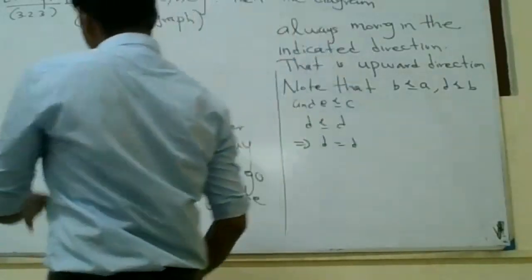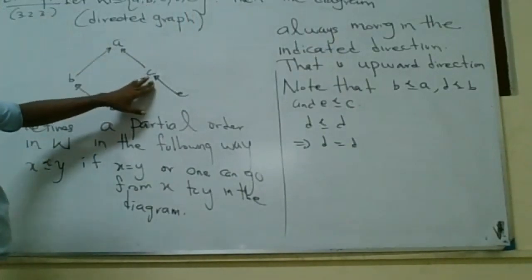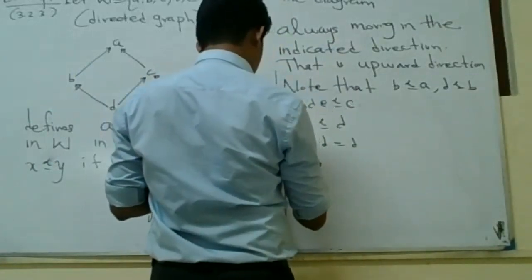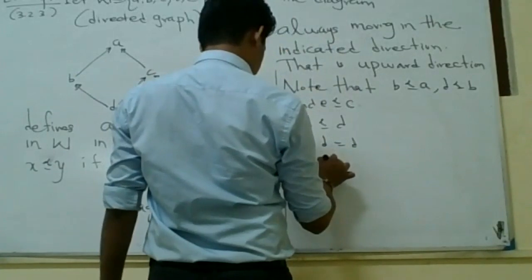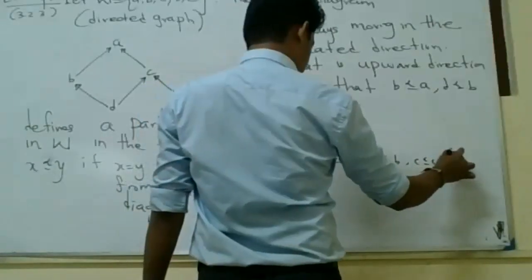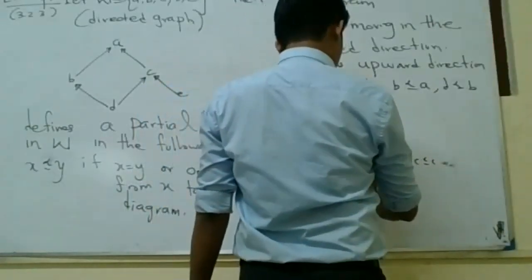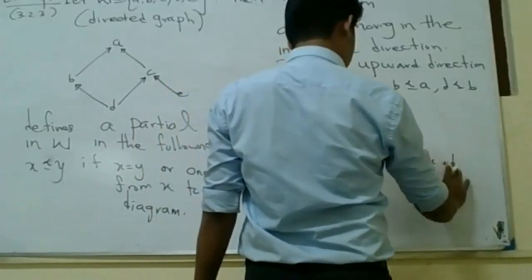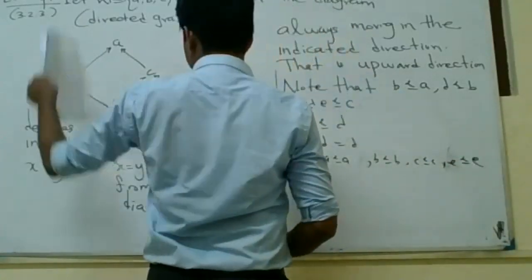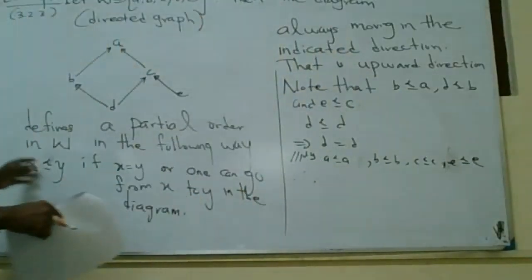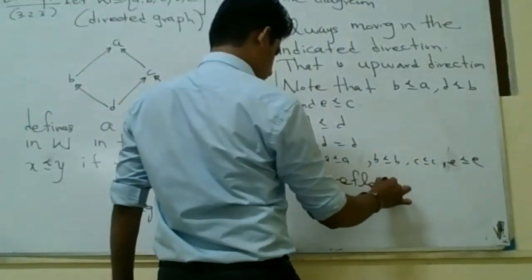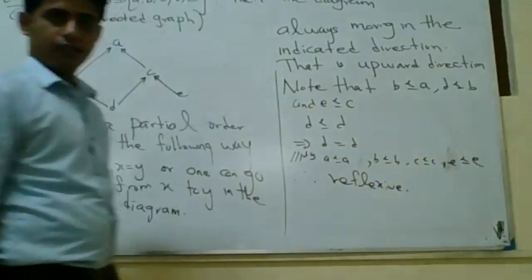Like that, you can try D precedes B, A precedes A, C precedes C, and E precedes E. Similarly A precedes A, B precedes B, C precedes C, D already mentioned, E precedes E. Therefore this set W with the relative diagram is one of the partial orders, right?